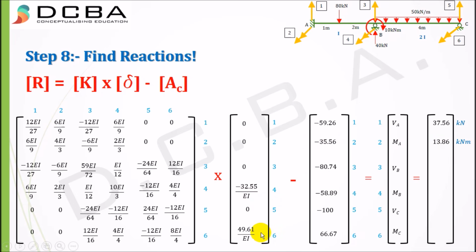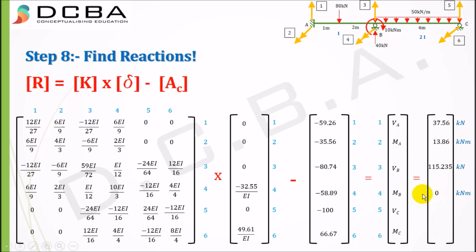Third row into this column, the fourth element here is EI by 12 into minus 32.55 plus 12EI by 16 into 49.61 minus minus 80.74, you get 115.235 kilonewton as VB. Then again here 10EI by 3 into minus 32.55 by EI, I'm sorry, plus 4EI by 4 into 49.61 minus minus 58.89, we get 0 kilonewton meter.